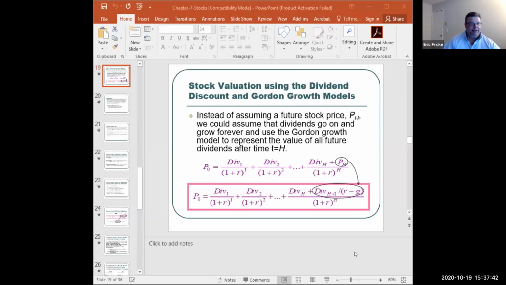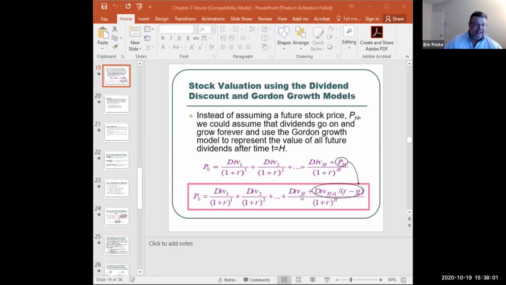This is the slide we did. The key here is that we forecast out, in this formula, to the number of periods H. H is just like time H, horizon.